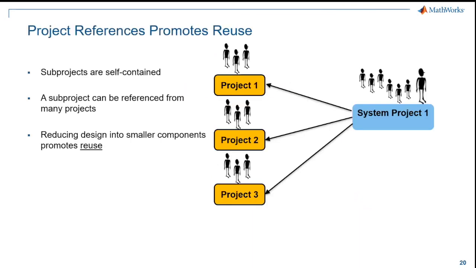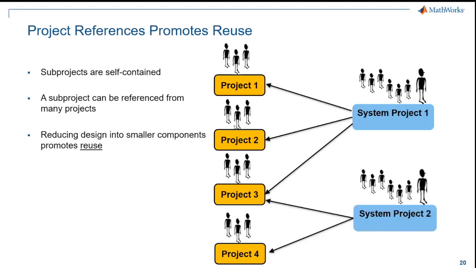In addition to source control integration, projects give a way to componentize your development with MATLAB using project references. That means you can have multiple projects that work together with other projects, and the goal is to componentize the development process.